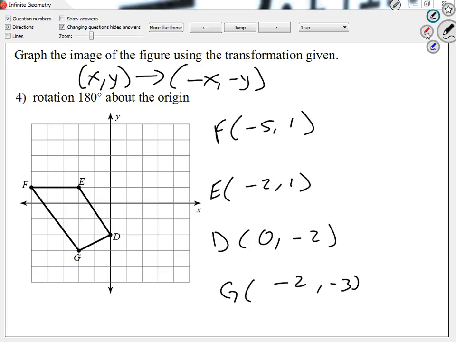Now, remembering the rule, negative x, negative y, let me call this (5, -1) for my F prime.